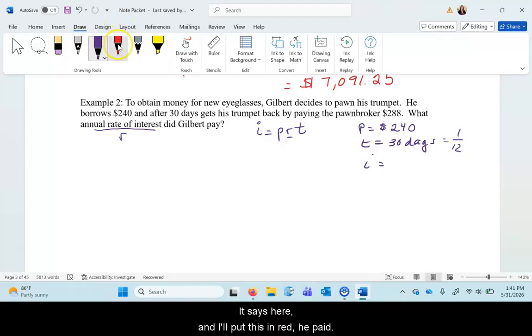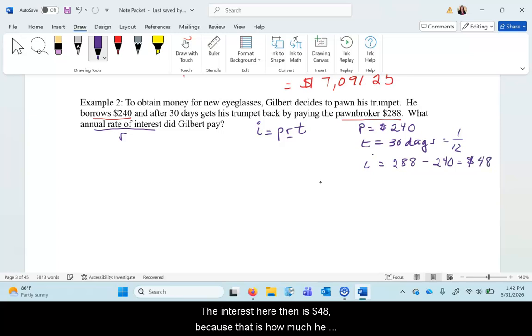It says here, and I'll put this in red, he borrowed $240, but he paid $288 to get it back. So think about that. What was the interest? Well, the interest is what he paid back for the loan minus the principal of the loan. The interest here then is $48 because that is how much he paid back in interest.